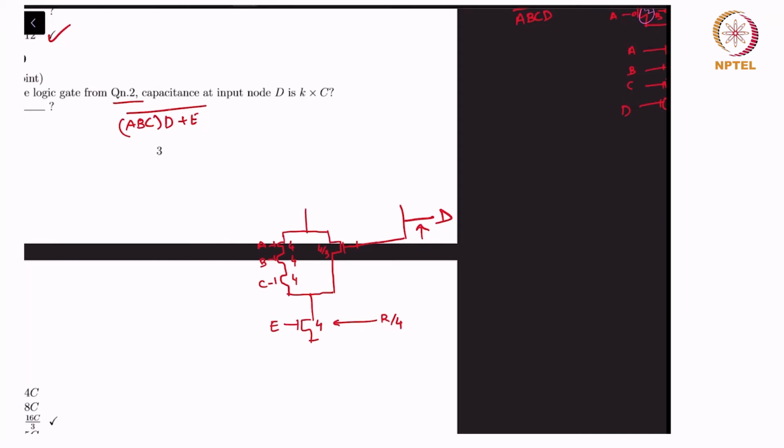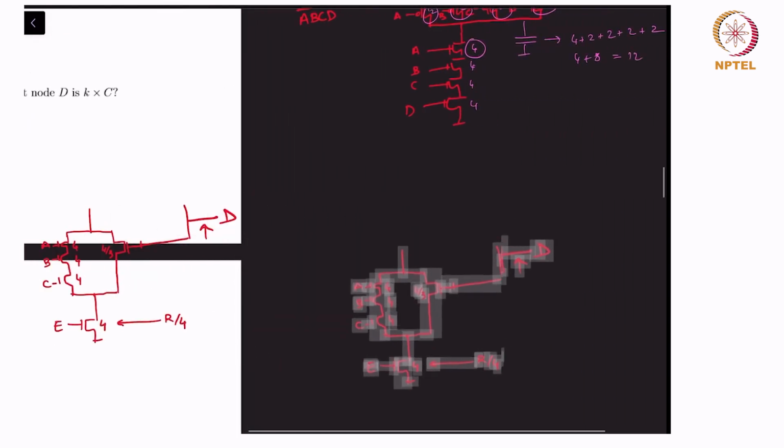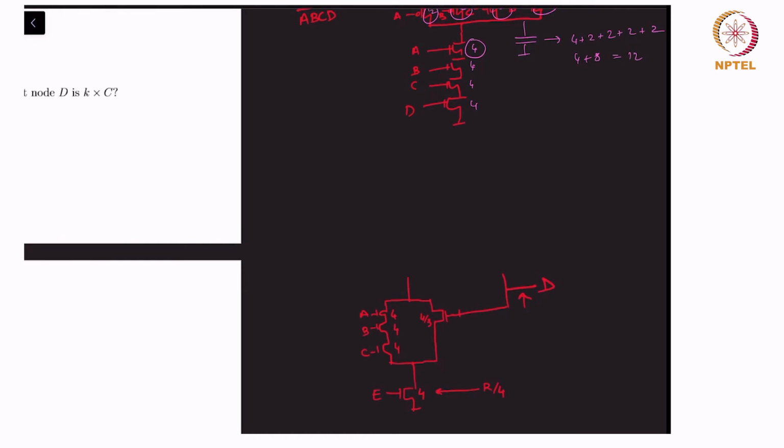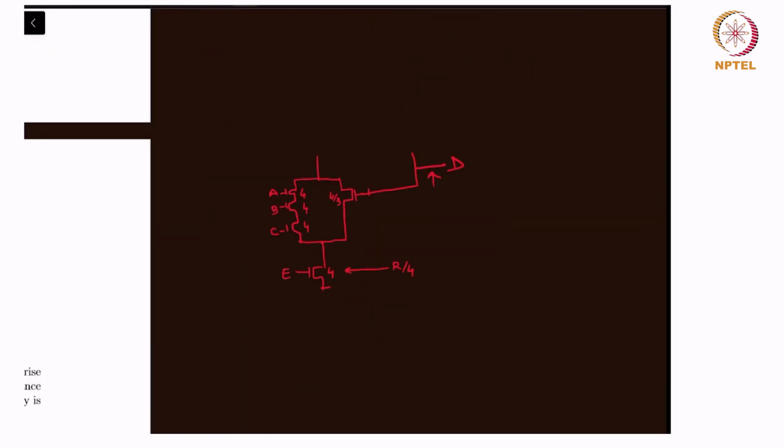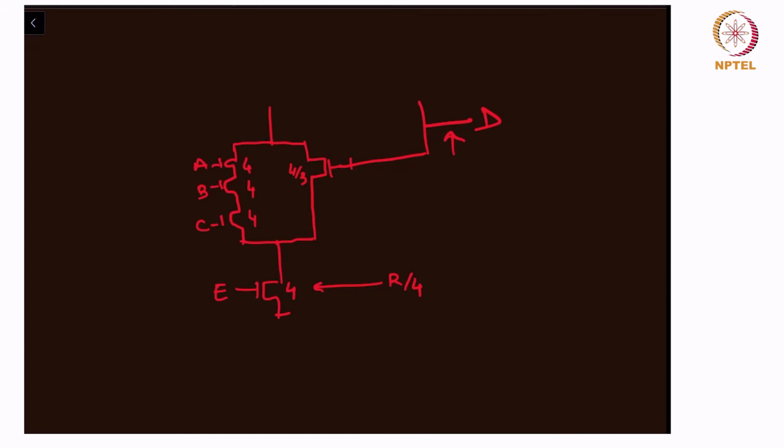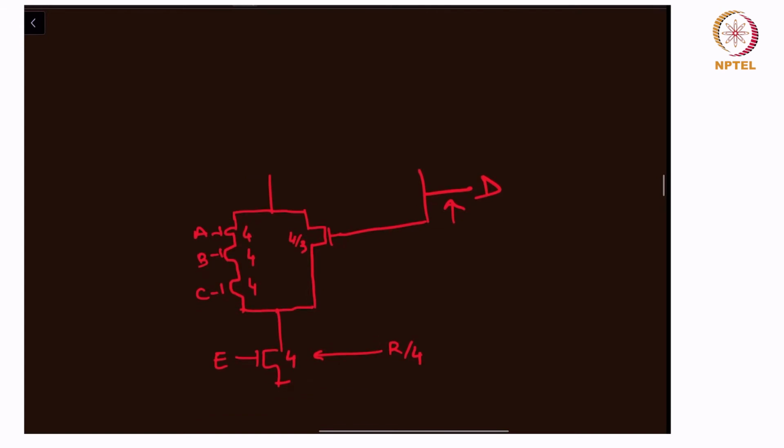So to do that, let us complete the figure. We have the E, which is in series, so it should now become in parallel.